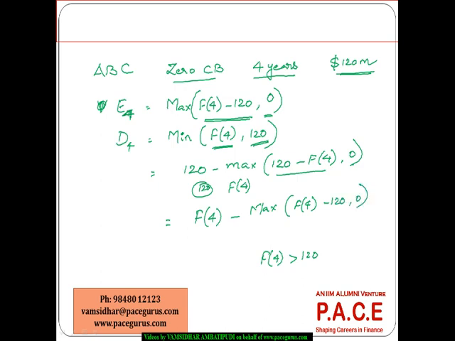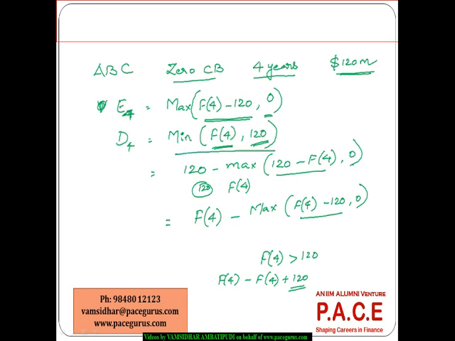Now if f of 4 is greater than 120, then it would be f of 4 minus f of 4 plus 120, which means the debt investor is going to get 120, and if f of 4 is less than 120, he is going to get f of 4. So either of the ways I can very well write the value of the debt.